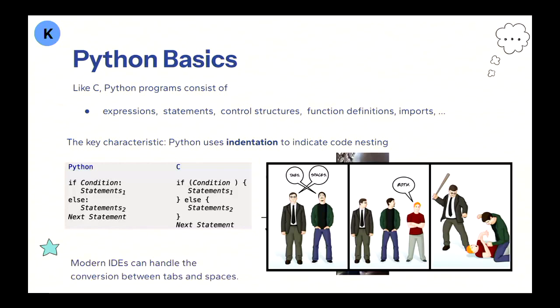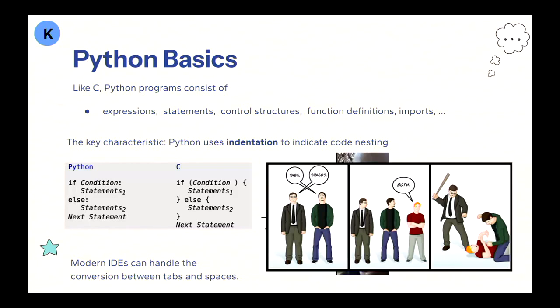Normally you don't need to worry about that unless you are using Nano or just a text pad to edit your code, because most of the modern IDEs handle the conversion of indentations for you.